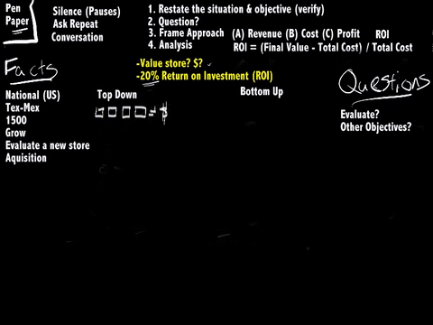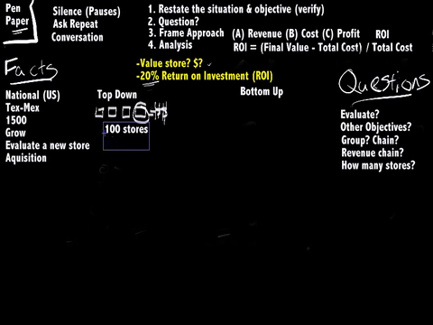So if you have an answer to those three, let's say they say yes, it's part of a chain of 100 stores, and last year we sold about $100 million in goods. With those two pieces of information, you can estimate that per store it's about $1 million in revenue. So that's an example of how you would do a top-down estimate.